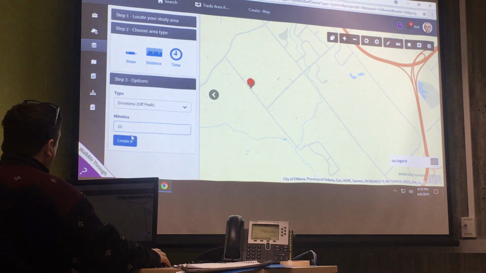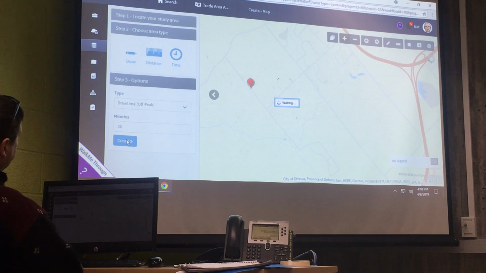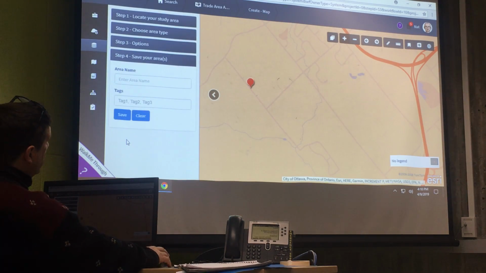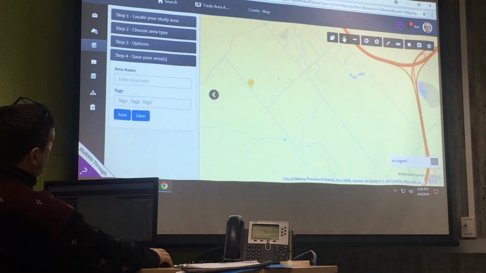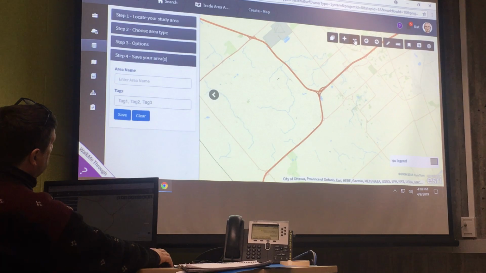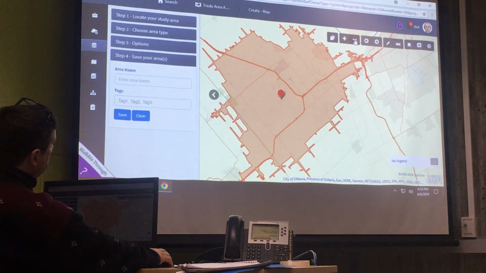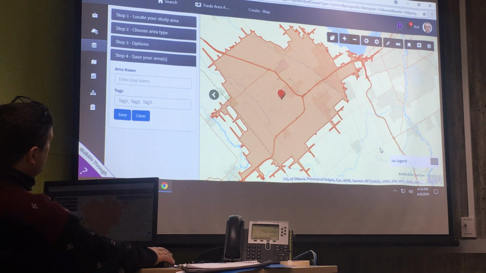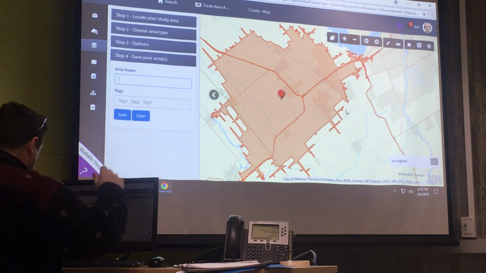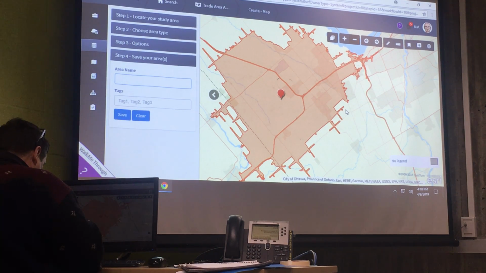Okay, so that's a huge area that we're attracting. This is 20 minutes driving time from this particular location. So we want to have a name for it, so we'll call it the Archery Club.